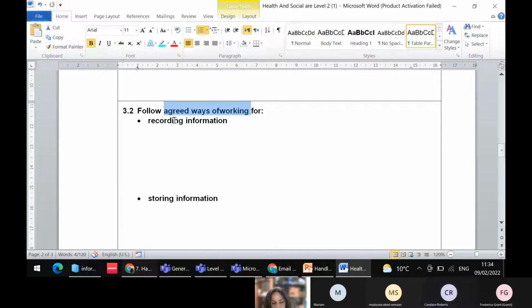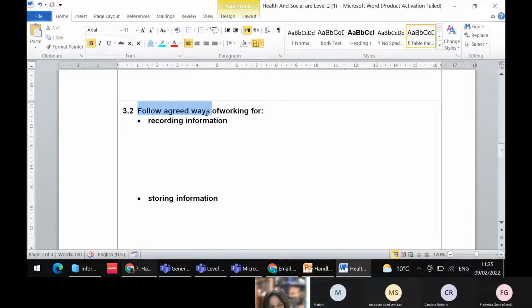But when I say agreed ways of working, it means policy and procedure. Just in case the awarding body calls you and asks what are the agreed ways of working, you write all the information. So if anyone asks you what is the agreed ways of working in the workplace, you say it's the policy and procedure.